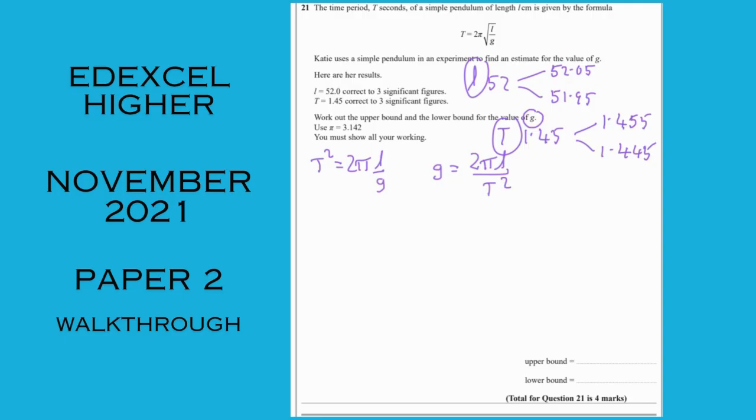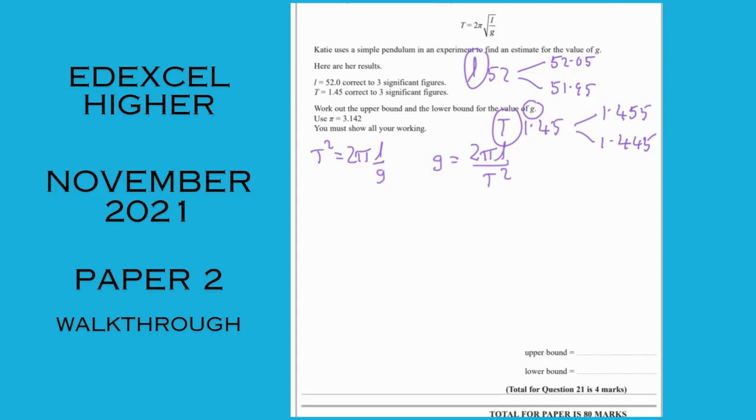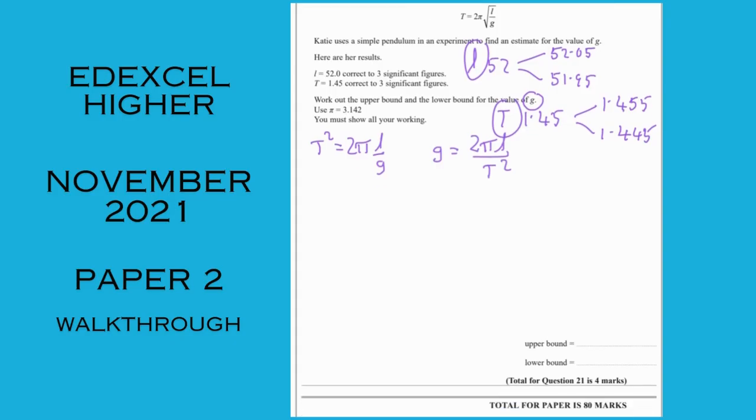Now we can actually make a start on the calculations. If you want the upper bound of G, you want the largest possible value on the top. So the largest value of L is 52.05.